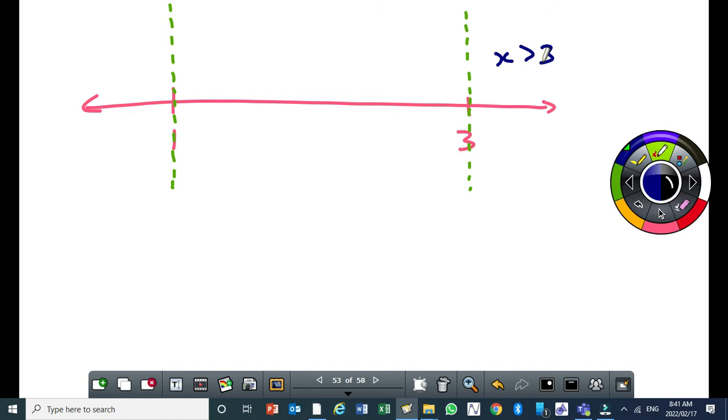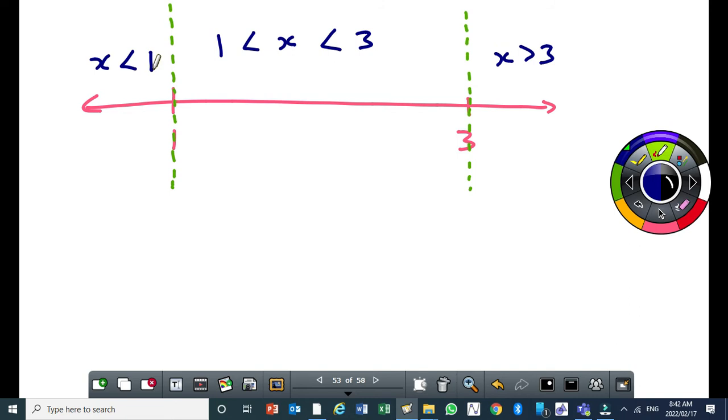Then, between 1 and 3, we are going to have an inequality 1 is less than x, and x is less than 3. That interval has got many x values. So we say the x value is between 1 and 3. Then to the left of 1, it will be x is less than 1. I'm sure you can agree with me that all the values to the left of 1 are less than 1. We are on the x-axis.